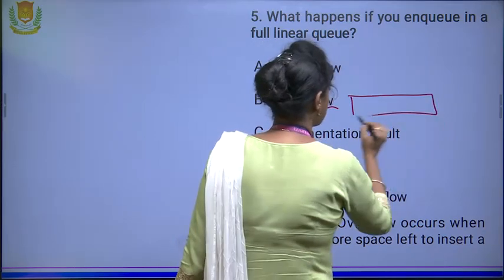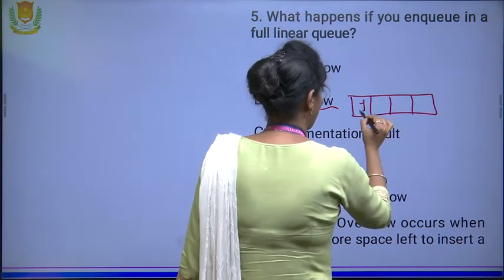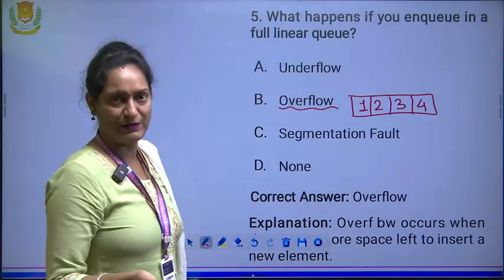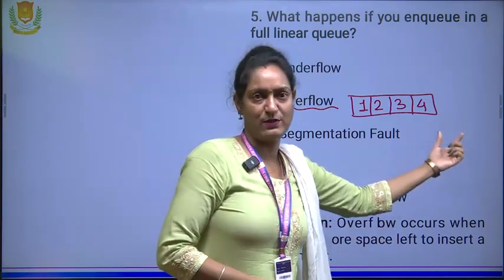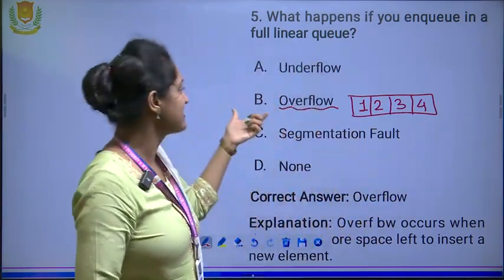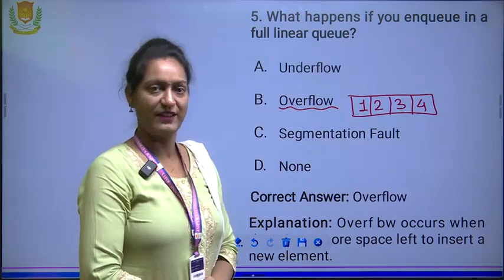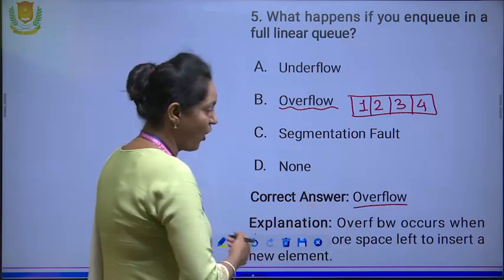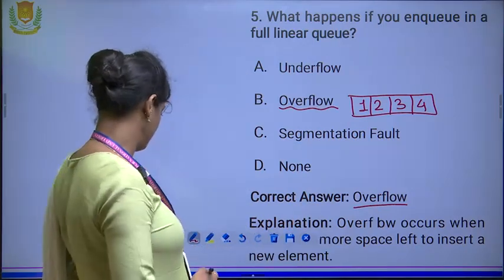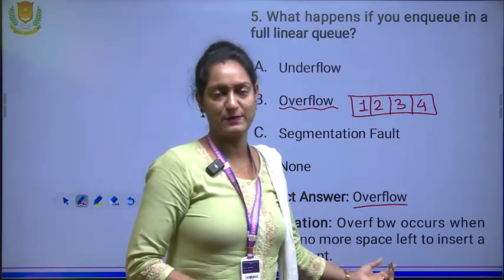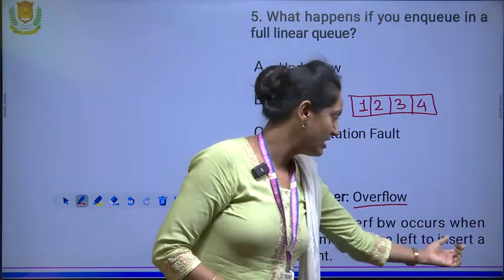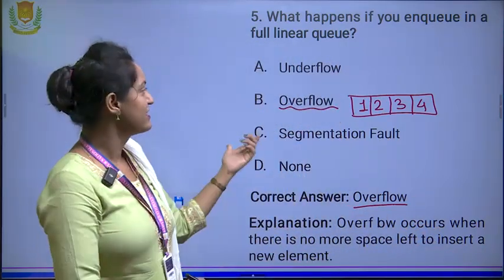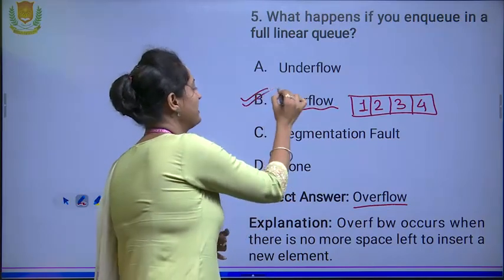The queue is already full, 1, 2, 3 and 4, and now I want to insert one more element, so that is not possible. So the situation is known as an overflow situation, right? So the correct answer is overflow. Overflow occurs when there is no more space left in the queue for the insertion of an element. So the answer is option B.